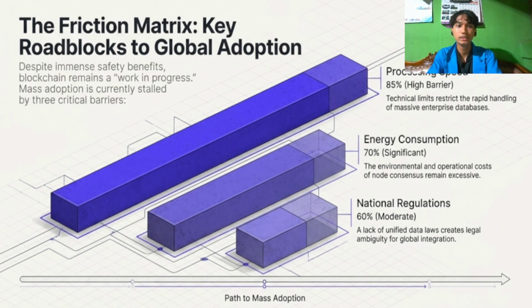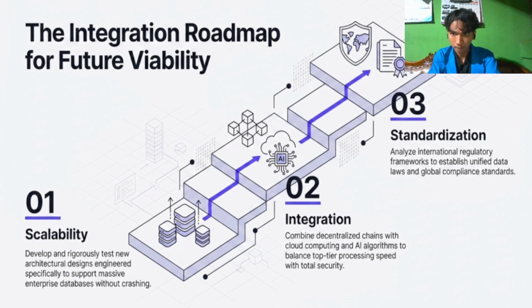To overcome these three barriers, the paper provides a clear roadmap on slide 9. The integrations roadmap for future viability. To fix these problems, the paper suggests three steps for the future. We start with step 1, scalability. Develop and rigorously test new architectural design engineering specifically to support massive enterprise databases without crashing.